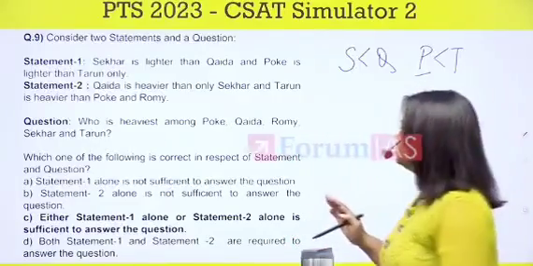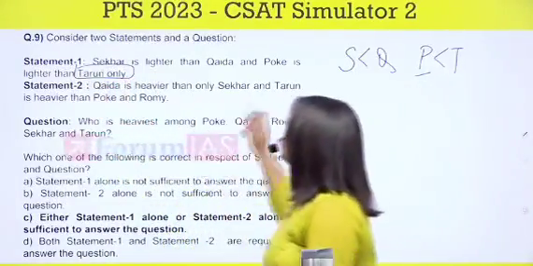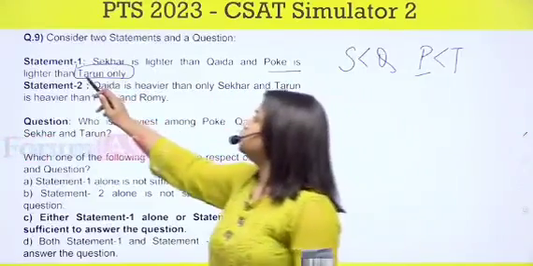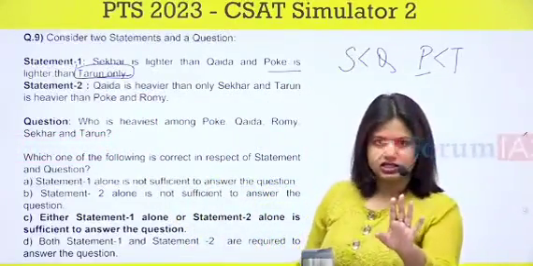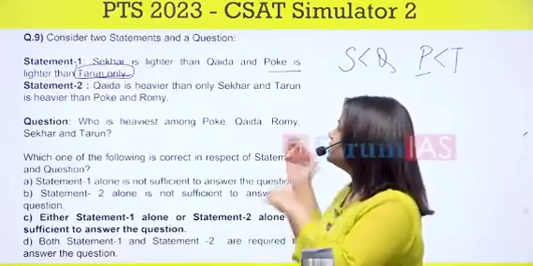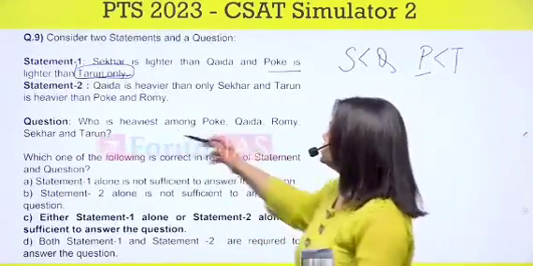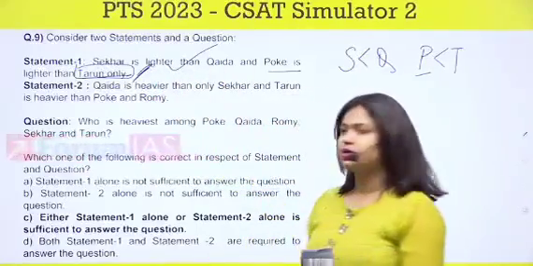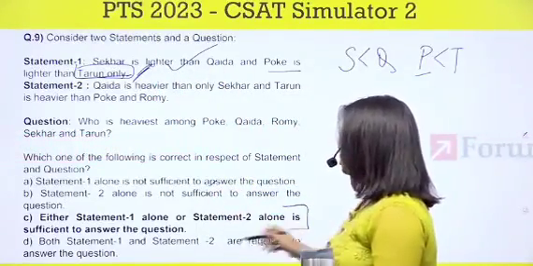So that means Tarun is the heaviest. If Poke is lighter than only Tarun, that means Poke is heavier than everybody else. Do you get it? And if Poke is lighter than Tarun, that means Tarun is heavier than Poke. That means Tarun is the heaviest according to statement 1. Statement 1 is sufficient to answer the question, but I have this option also.